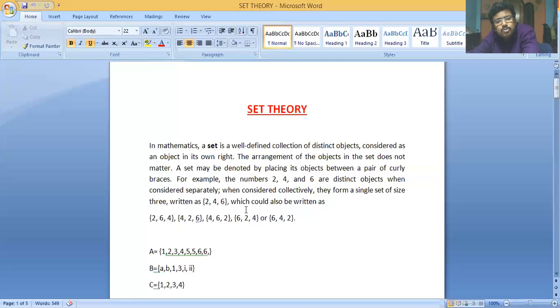So in this way, we can say that 2, 6, 4, or 4, 2, 6, or 6, 2, 4, or 6, 4, 2 within the bracket are all the same set. The arrangement of the objects in a set does not matter.